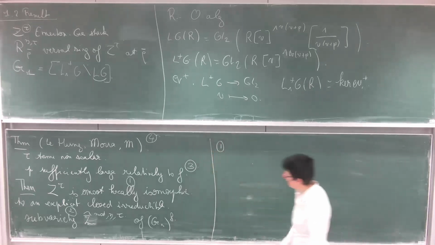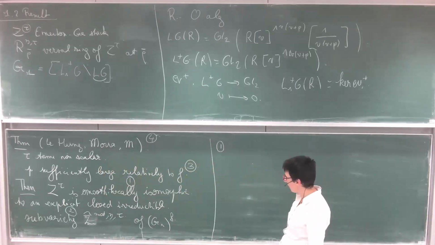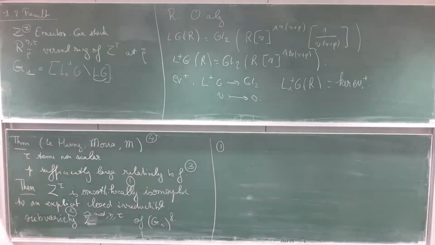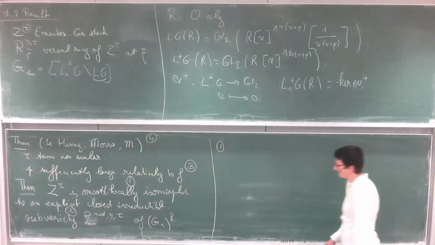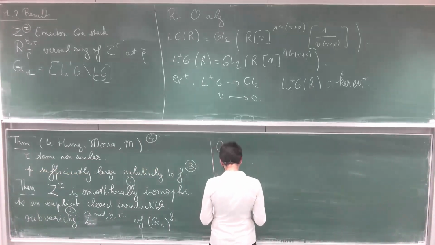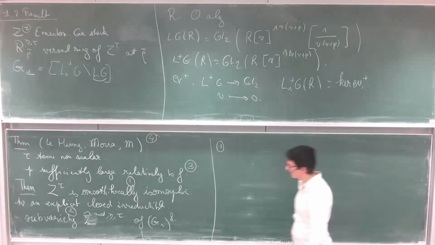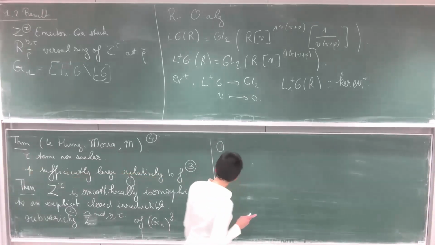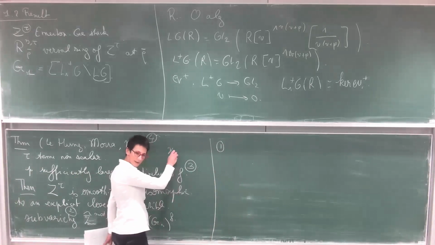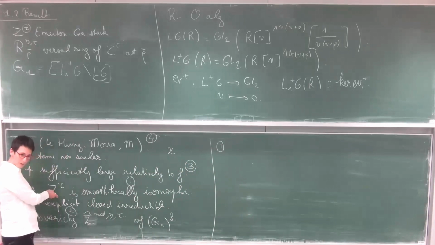Okay, so let me begin with the first point. The H is missing here. The point is that in general the notation is X in the Emerton-Gee theory, and Z is a specific notation for the Barsotti-Tate case.